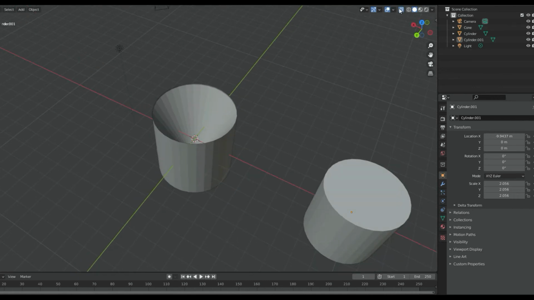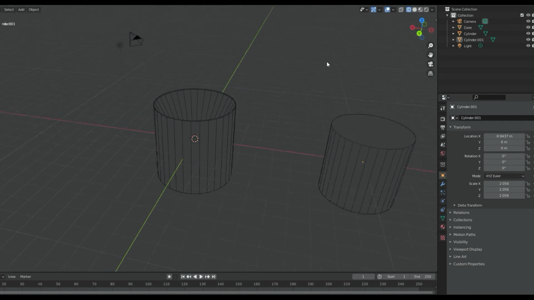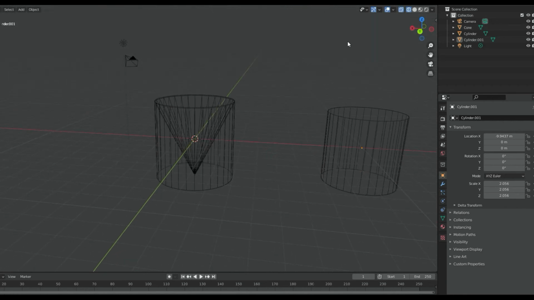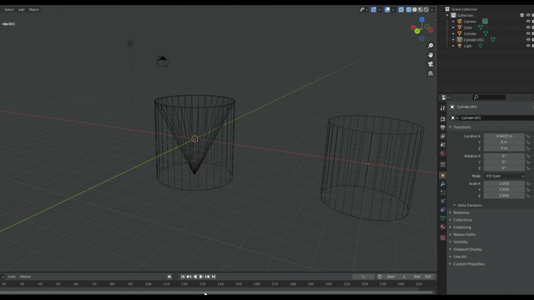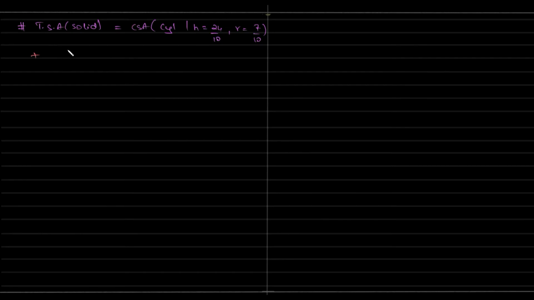Okay, so let me show that again. The cone also gives us some surface area. So curved surface area of the cone. Again, all these are curved surface area. So slant height, because we use slant height, and radius is 7 by 10.